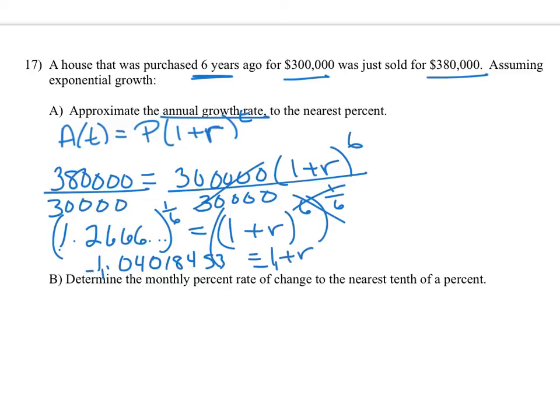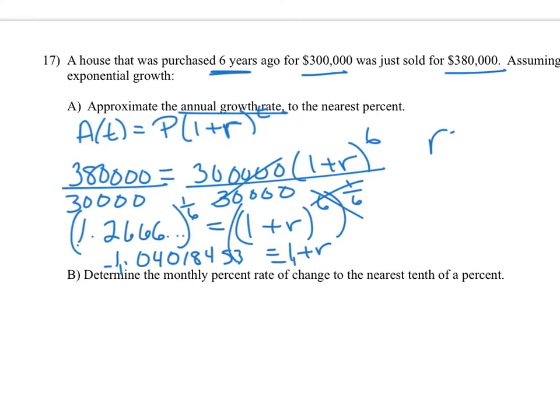Subtract your 1 from both sides, and r is equal to 0.04018. So that means, moving the decimal over, it's 4% to the nearest percent.